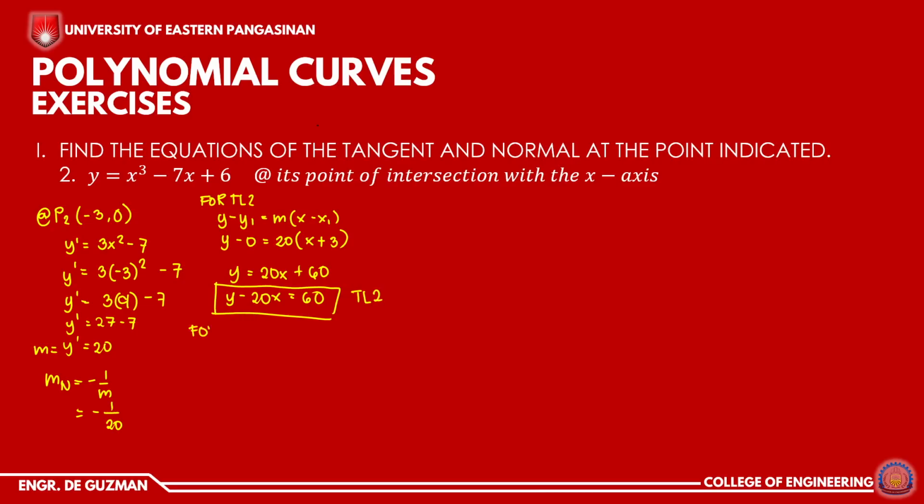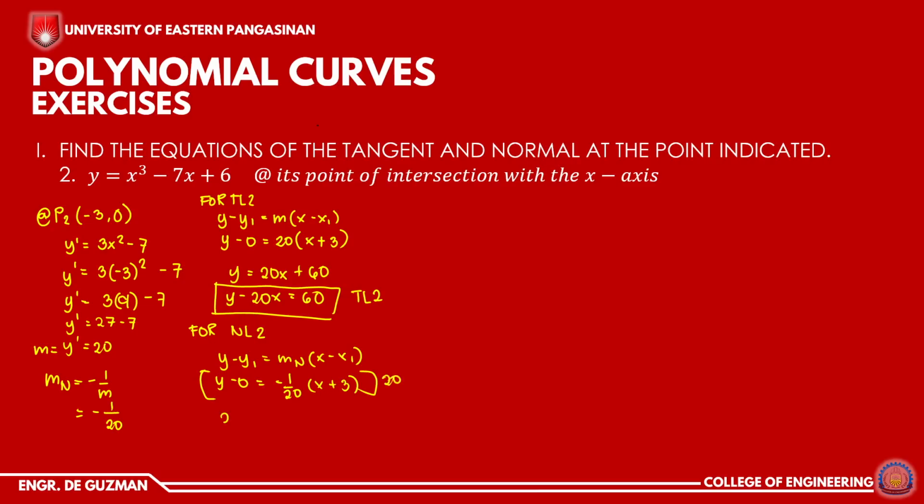So, for normal line 2, y minus y sub 1 is equals to mn times x minus x sub 1. So, y minus 0 is equals to negative 1/20 times x plus 3. So, pwede natin i-times na agad sa 20.